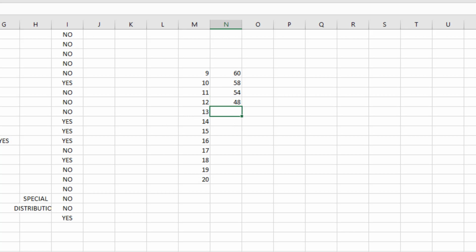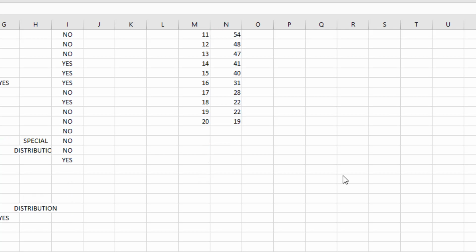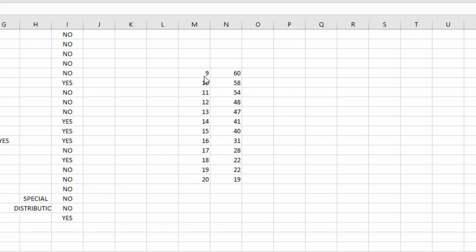Okay, so I've gone ahead and done the numbers. So there would have been 60 trades that got 9, and then I went and subtracted out the number for each one of these. We'd end up with 19 trades that got at least 20 ticks. So now what we want to do is we want to multiply these two and get a result.